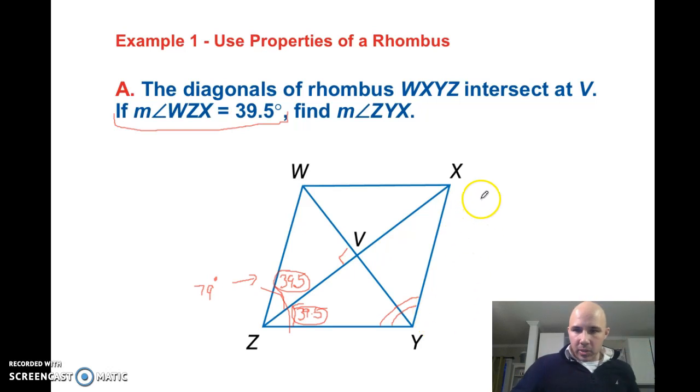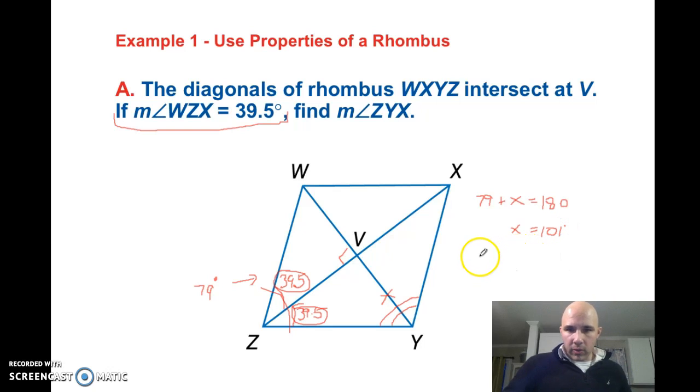This is how my setup is going to look: 79 plus this angle, which I'm just going to name x, equals 180. I'm going to subtract 79 from 180, and I get 101. That's going to be the measure of ZYX. So that's 101.